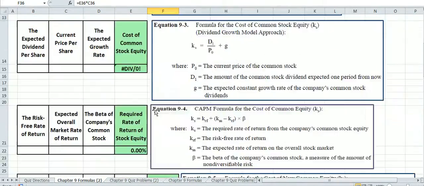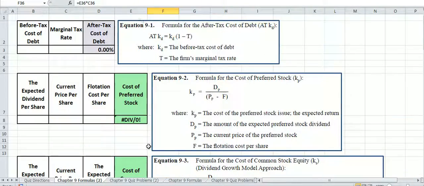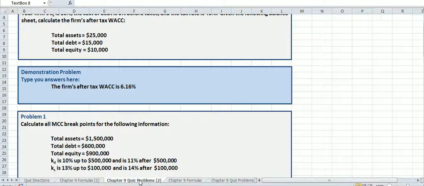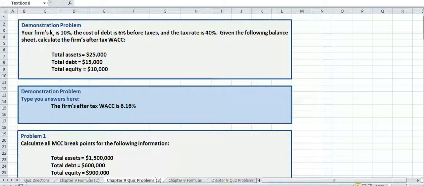Okay, so let's jump back up to the top and look at our first problem, just to remind you guys how this works. We're looking at a firm's price of common stock, their before tax cost of debt, their tax rate, and we need to know what their weighted average cost of capital is going to be.